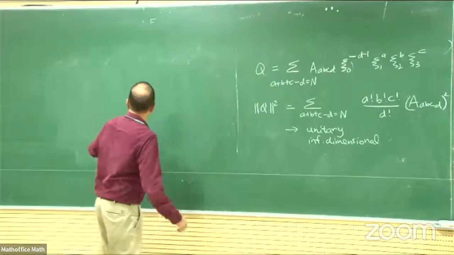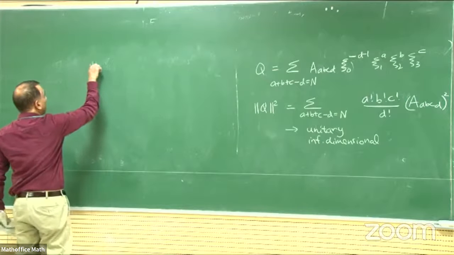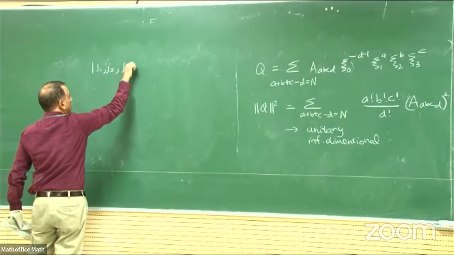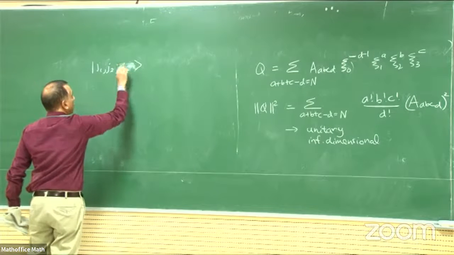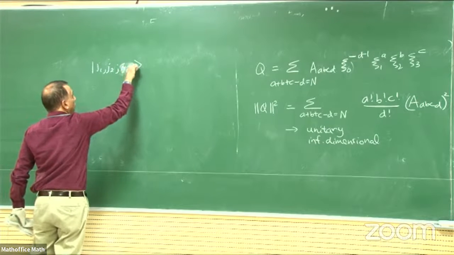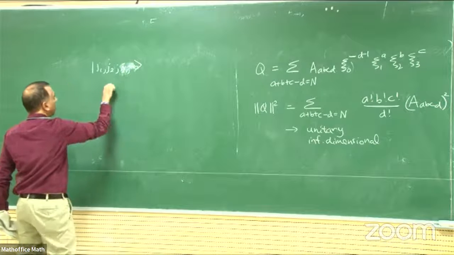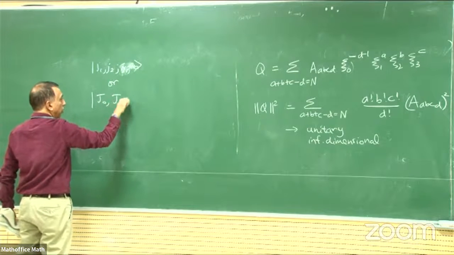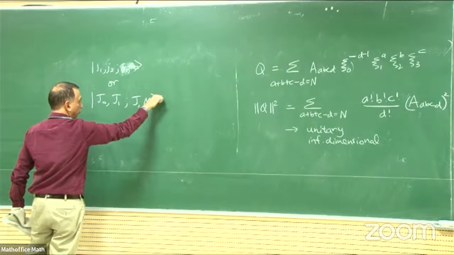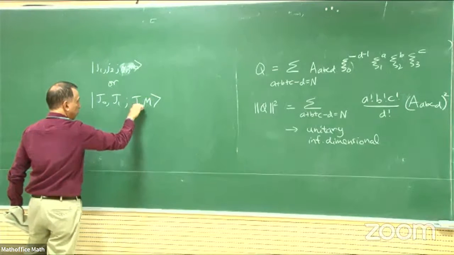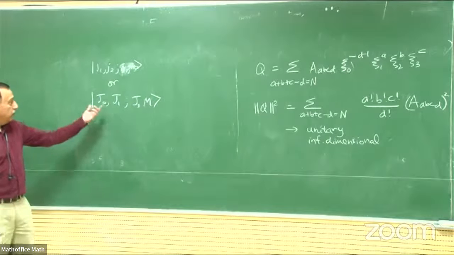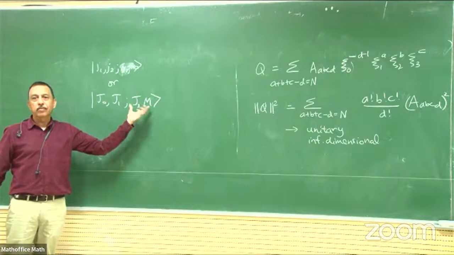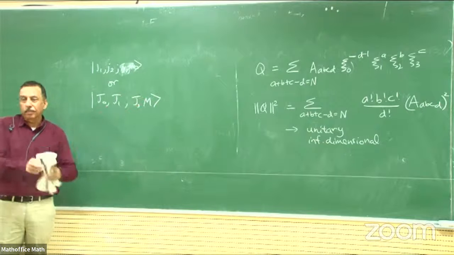of labeling representations, which was J1, J2, M1, M2, or J0, J1, J, M. So remember, the first two label the irreducible representation, and the second two are things which vary over it.